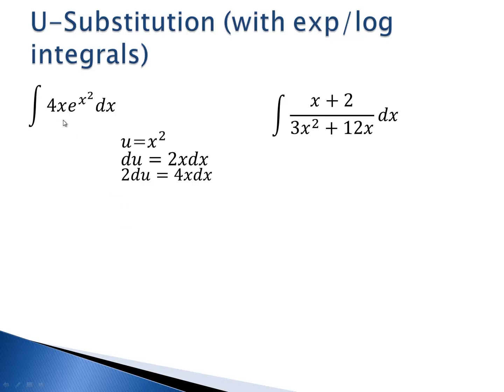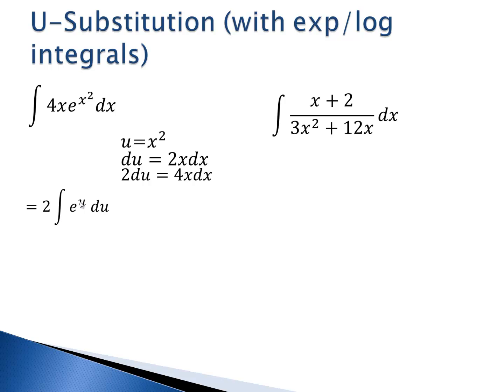Alright, so we don't have exactly du, we don't have exactly 2x dx, but we do have 4x dx here. So we have 2 du, that was from the 4x dx, and the rest of it is just e to the u, e to the x squared.